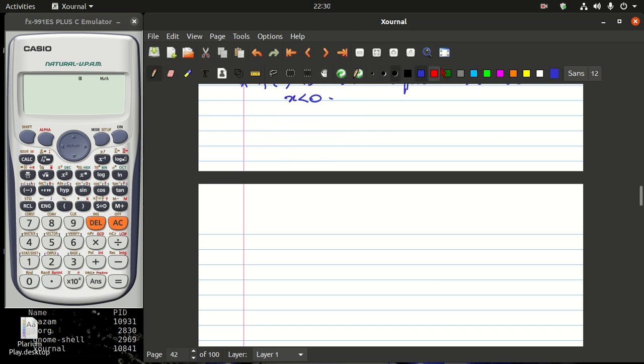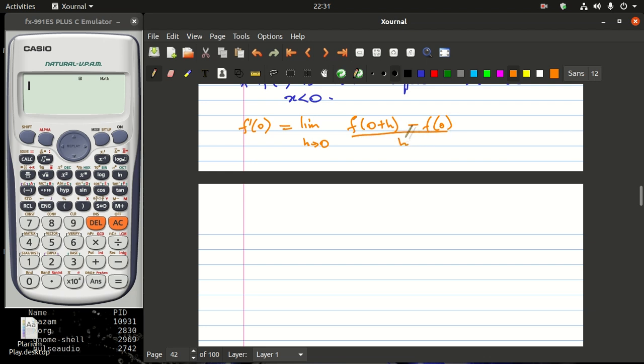Let me use orange now. F prime of 0 is supposed to be the same as the limit as h approaches 0 of f of x plus h. But now we're looking not just at f of x, we're looking at 0 here, and then minus f of 0 all over h.